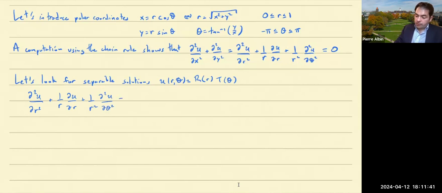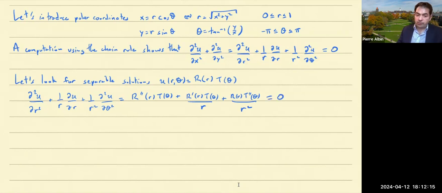If we plug in our guess for a separable solution, then we end up with R double prime of little r times capital T plus 1 over r times R prime plus two derivatives of T divided by r squared.